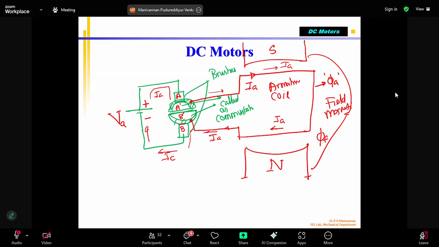So we know, as I talked to you yesterday also, that there is a field magnet, and the magnetic flux moves from the north to the south pole like this.